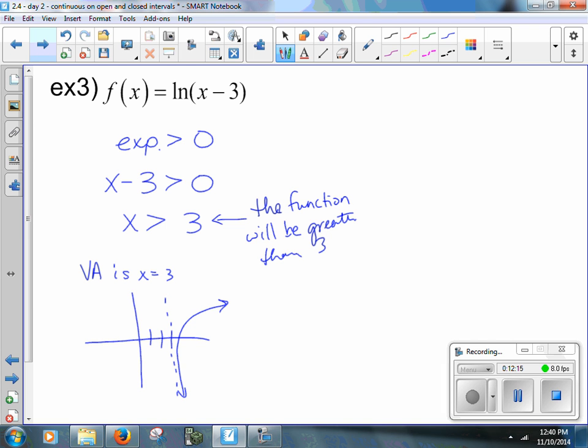All right, now, where is this function not continuous? When it's less than or equal to 3, okay? If all of the values are going to be to the right, you said it, but we all got to get that. Everybody. The function is going to be on the right side of that vertical asymptote. So where is it not continuous?